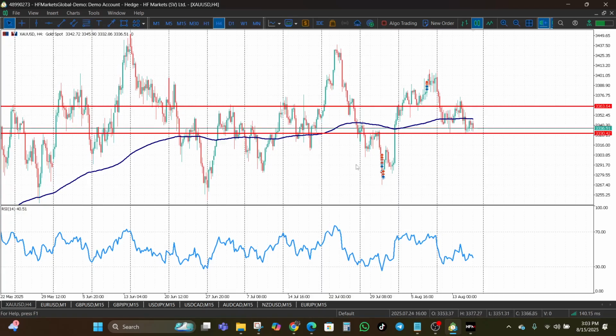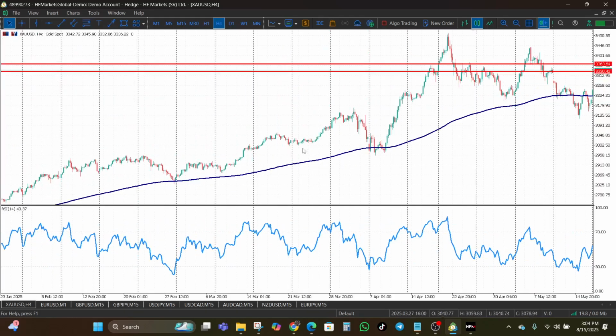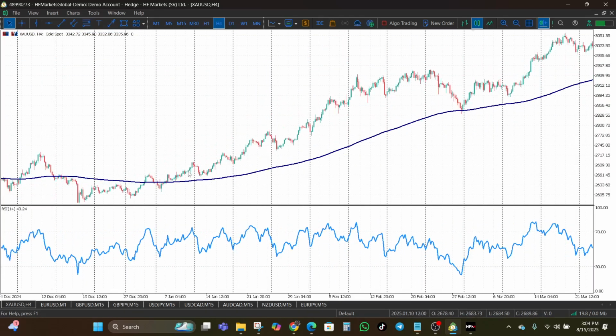Take for example, maybe you are using a simple moving average crossover strategy. Maybe your buy signal could be when the price crosses above the moving average and you have a bullish candlestick pattern to confirm it.